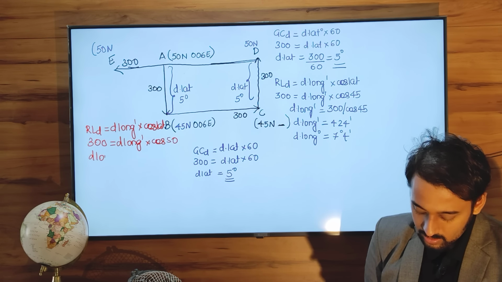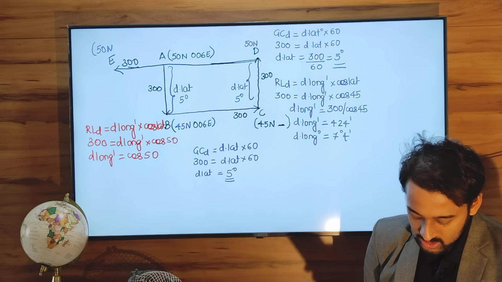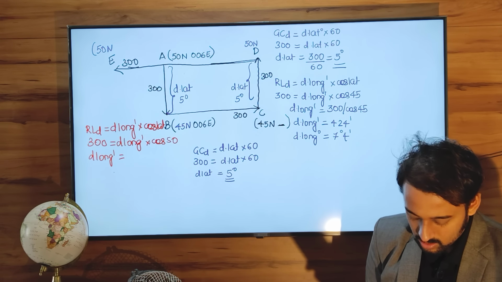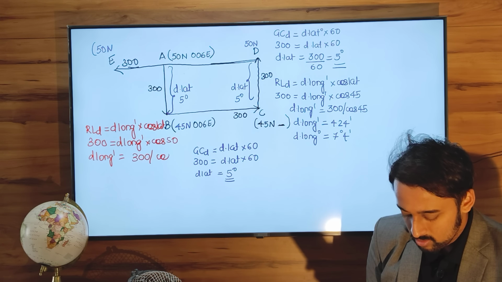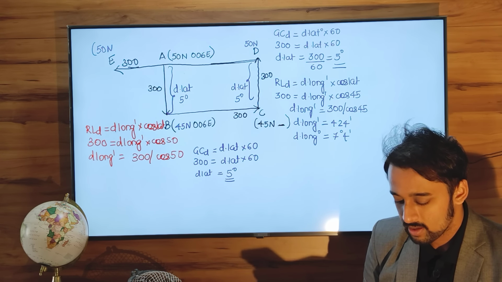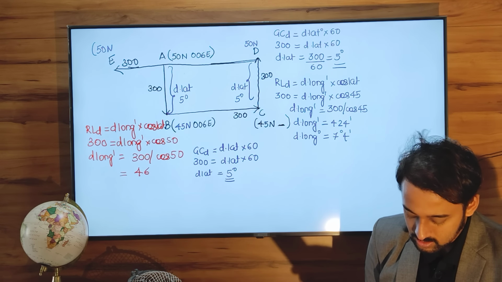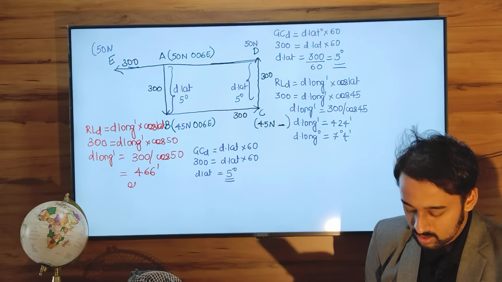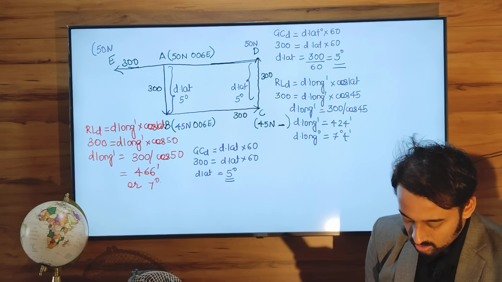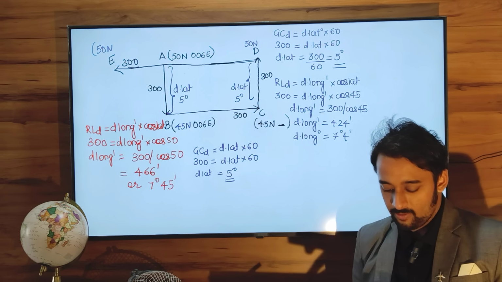So d long equals, sorry, correction, 300 divided by cos 50, which is 466 minutes, or in degrees it is 7 degree 45 minutes. Okay, 7 degree 45 minutes.